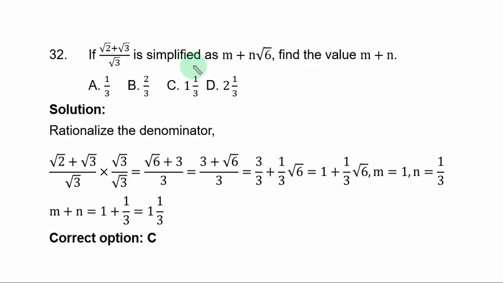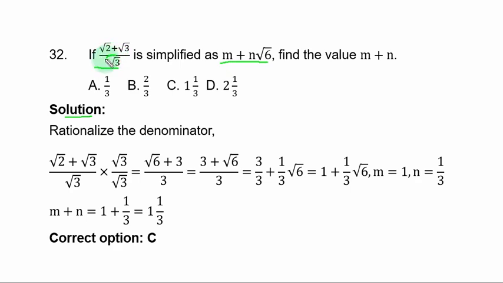Question 32. If root 2 plus root 3 over root 3 is simplified as m plus n root 6, find the value of m plus n. So you have the solution. Here, what we need to do is to rationalize the denominator.